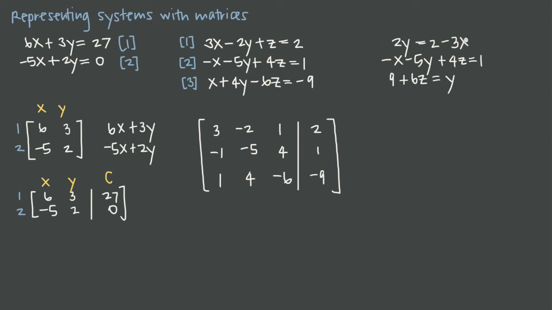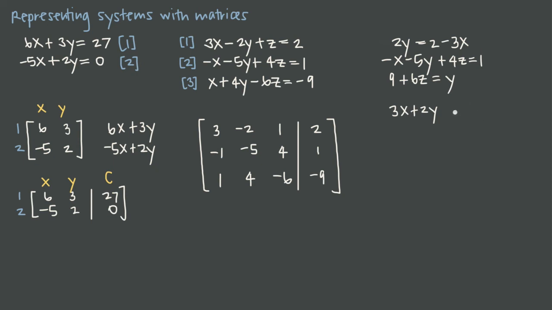Now we want to go ahead and reorder each equation, so we have x, then y, then z, and then the constant on the right side. For this first equation, if we add 3x to both sides, we'll get 3x plus 2y, and then this equals 2. But remember, we need x, y, and z.